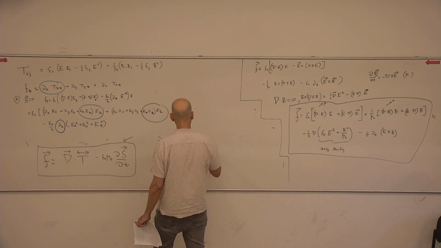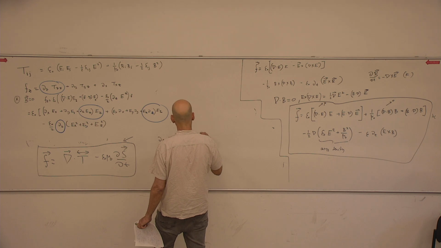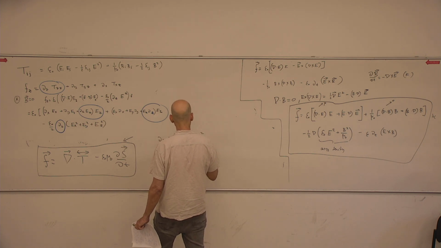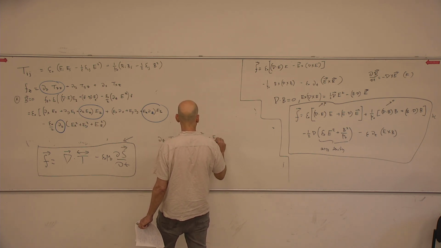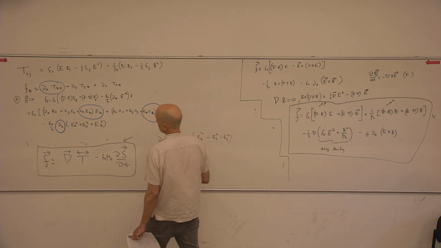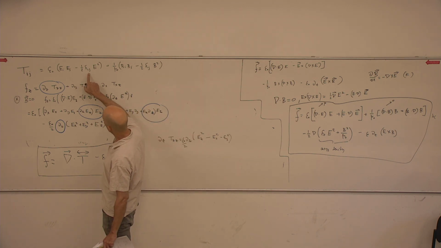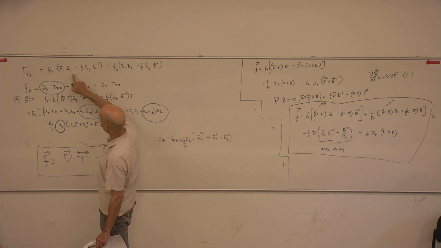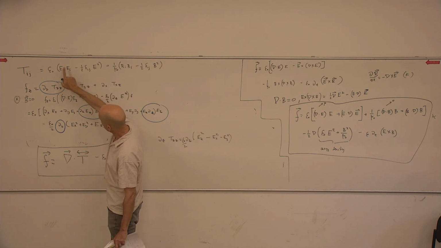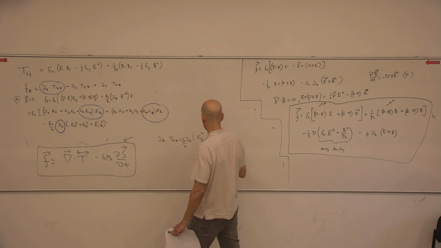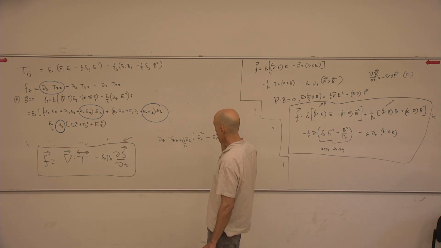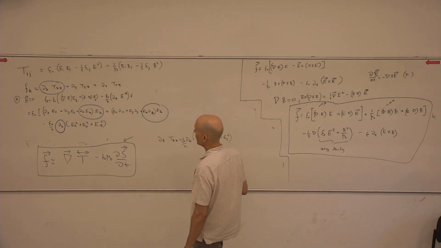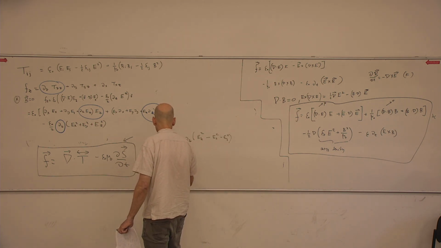Then I have Ez squared, and a half minus Ex squared minus Ey squared. If I didn't make a mistake, this is epsilon 0 over 2.